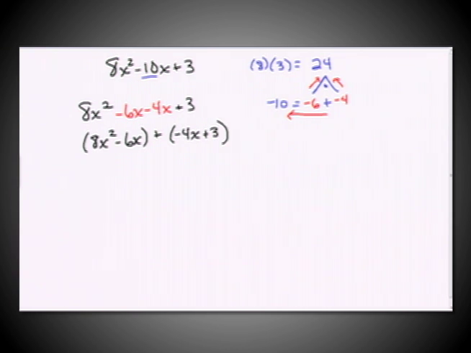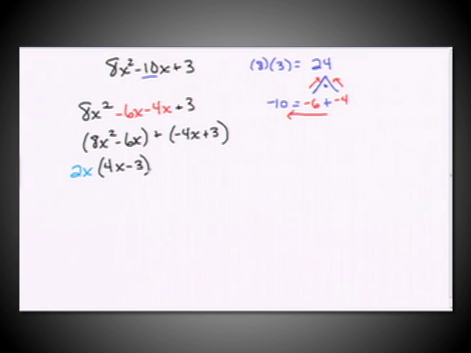Then we have to go through the process of taking the GCF out of both groups. So with the first group, 8x squared and negative 6x, they have a common factor of 2x. And when we divide that factor 2x out of each of those terms, we get 4x and a negative 3.